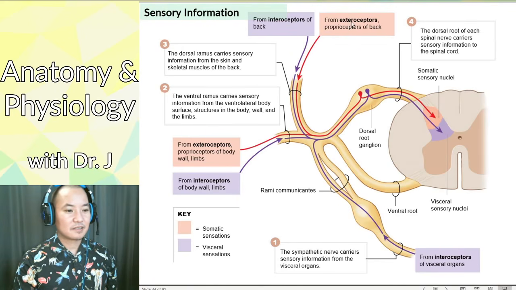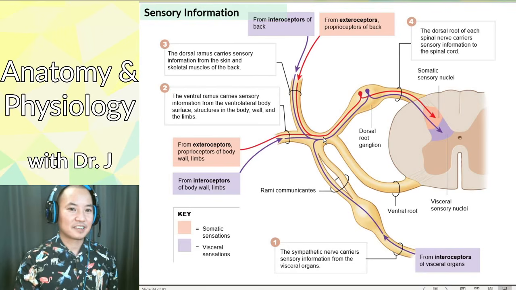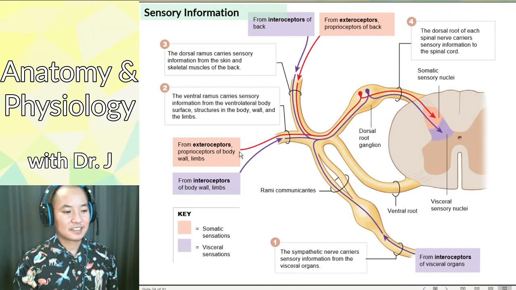Even though they might carry sensations from the back and the side, or the internal organs, or from the front, notice that they're all eventually ending up in the dorsal root of the spinal nerve. So they are all going dorsally toward the back of the spinal cord. This is why I use that mnemonic, because sensory is all going afferent toward the central nervous system, and then it's going to the dorsal root, the back and posterior root of the spinal cord.